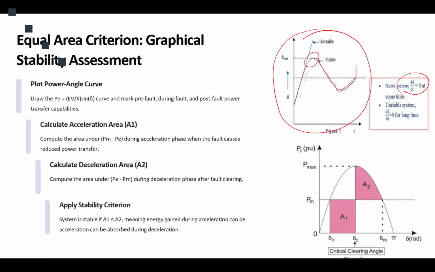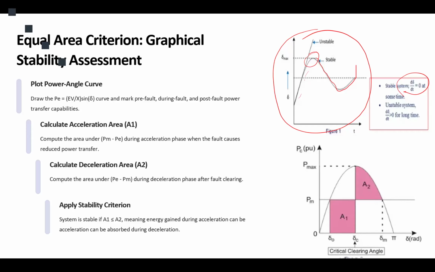If we don't have that, that means either the delta is increasing constantly or decreasing constantly. So we are not going to have a stable system because it's going to get out of hand. Make sense? This is delta behavior.